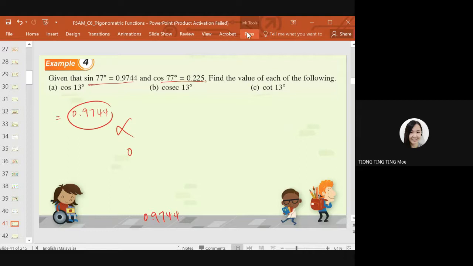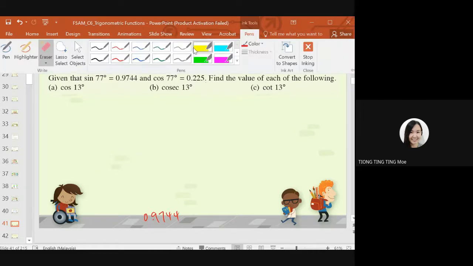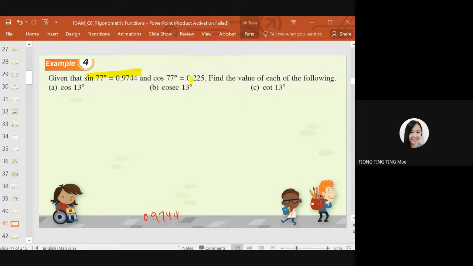No. For this question, impossible it asks you to use a calculator unless the question says use a calculator to get the answer for cos 13. But the question didn't mention that. So you need to use the information to find out cos 13 degree. So what to do?